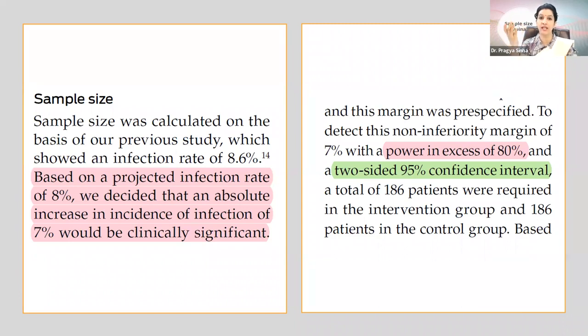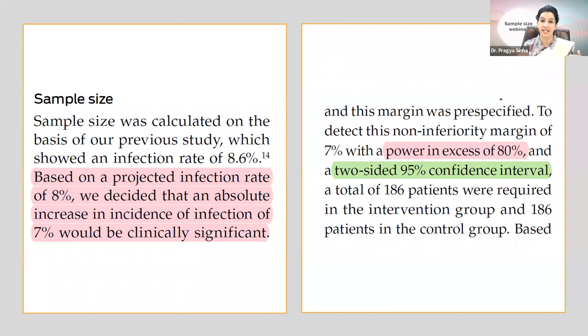You can never say that non-sterile gloves will prevent infection. Can you say that non-sterile gloves can prevent infection as compared to sterile gloves, or decrease the infection rate? No, that is not possible. There's no biological plausibility for this.